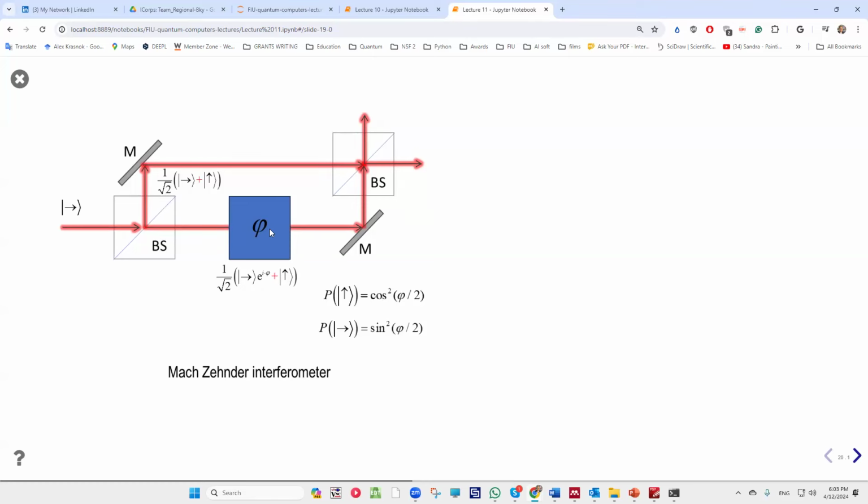However, if you set this phi, for example, to the angle pi, then the photon will go to the right. So you can control which way the photon eventually goes.